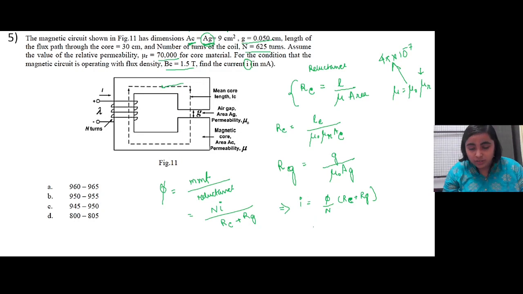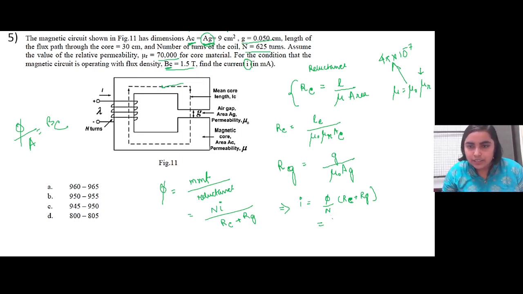Now we are given Bc, the flux density. So flux divided by the area is equal to flux density. Since the value of phi is not given, however Ac and Ag are given, we can correlate it to flux density.